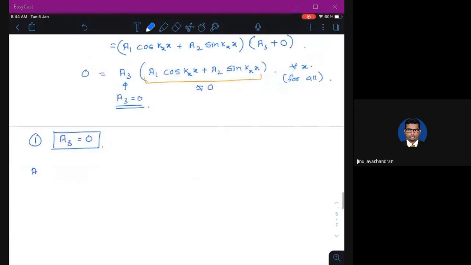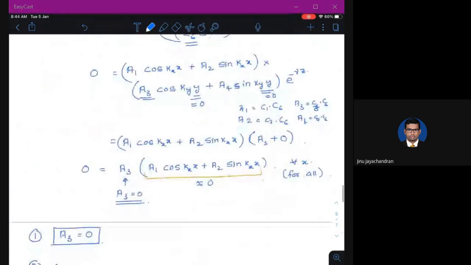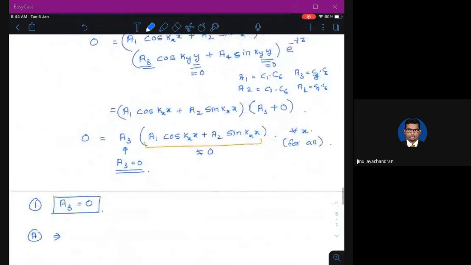So the equation now will become A1 cos kxx plus A2 sin kxx multiplied by A4 sin kyy because A3 is 0. Let me write this as equation A1.